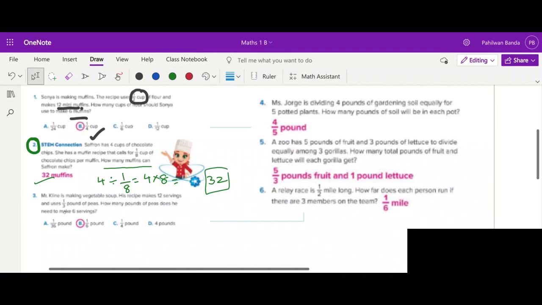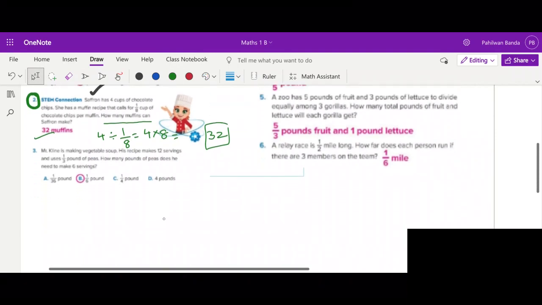Now let's take the third question. It's almost the same. If you understand one question, most of the questions you can do here. Mr. Clean is making vegetable soup and his recipe makes 12 servings and uses 1/3 pound of peas. What is given to you?